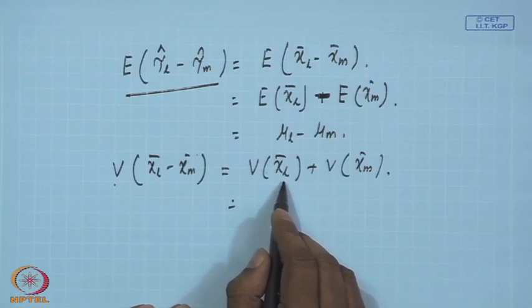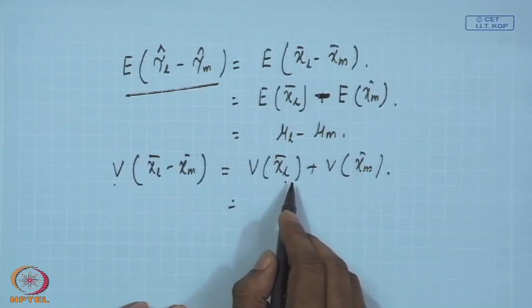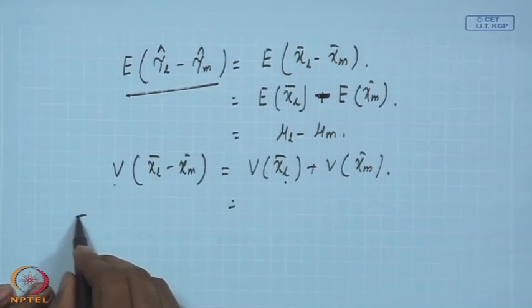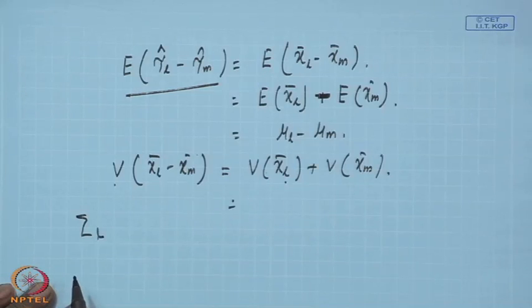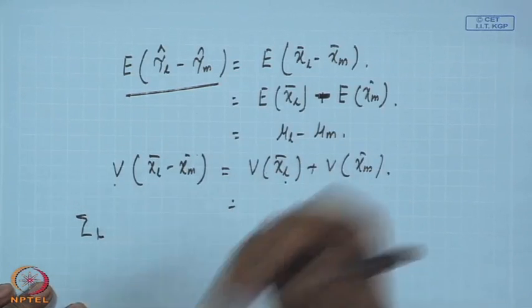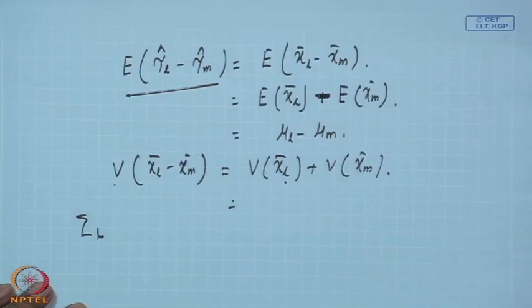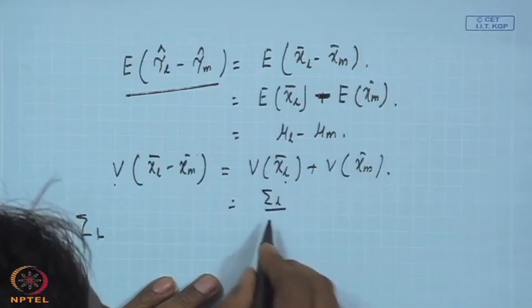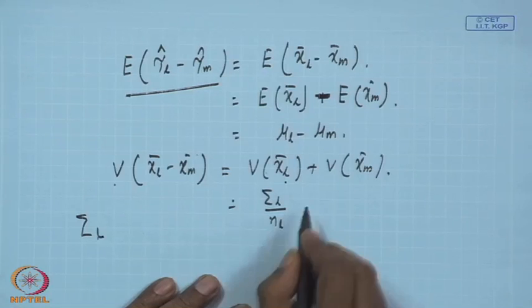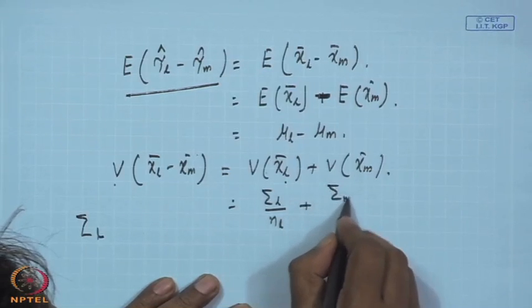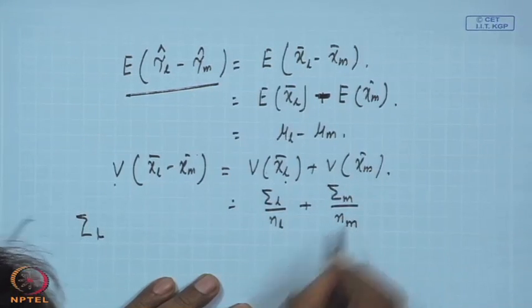So, it is coming from the population L. Now, population L covariance matrix is capital sigma L, and it is the covariance of the mean value. So, it will be sigma L by N L plus capital sigma M by N M.